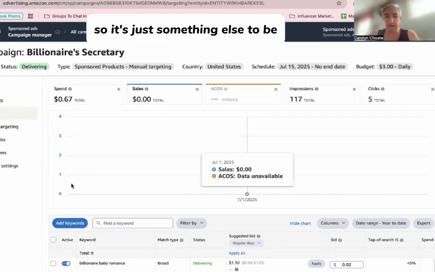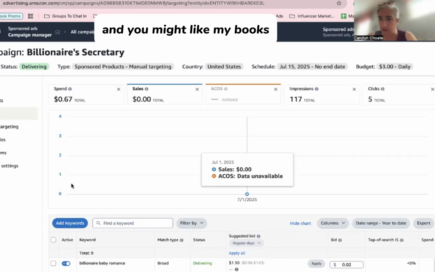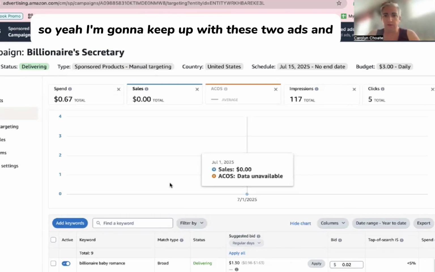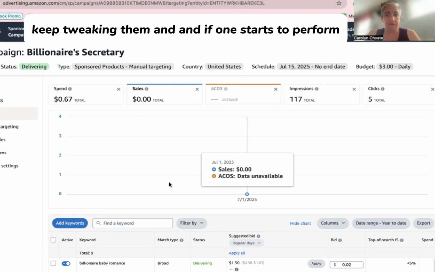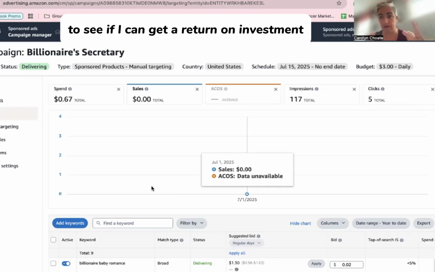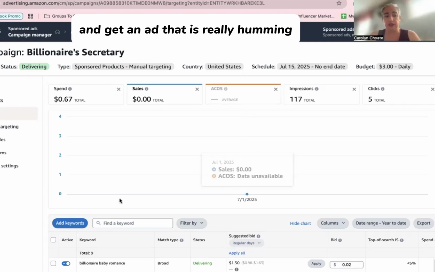So it's just something else to be running in the background to help build up that broad base of "I am an author who exists and you might like my books" and start seeing me in different places on the internet. So yeah, I'm gonna keep up with these 2 ads and keep tweaking them, and if one starts to perform, just slowly raise the budget on it to see if I can get a return on investment, get sales going and get an ad that is really humming.